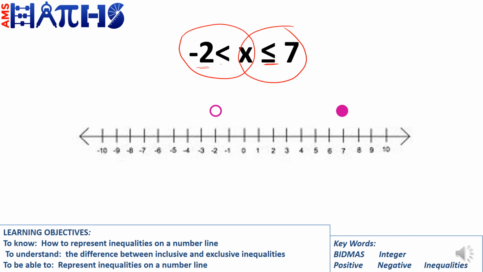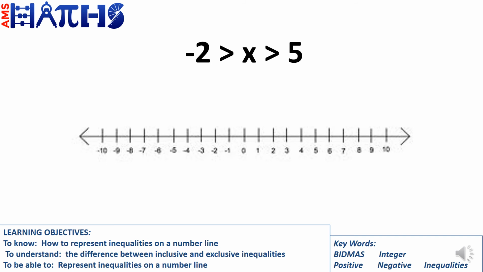Now it says that the numbers for x must be greater than minus 2, so we'll be going in this direction, and it should also be less than or equal to 7, so going in this direction, so the values are meeting in the middle. Alright, so that is a solution for minus 2 less than x less than or equal to 7, shown on a number line.